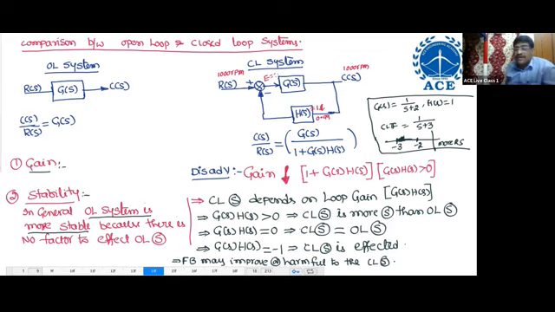Now 0.99 into 1000 gives 990. The error is positive, so the controller turns on and the speed of the motor increases, because it tries to make the error 0. The speed increases, so you will get more than 1000 RPM. But the required speed is 1000 RPM.